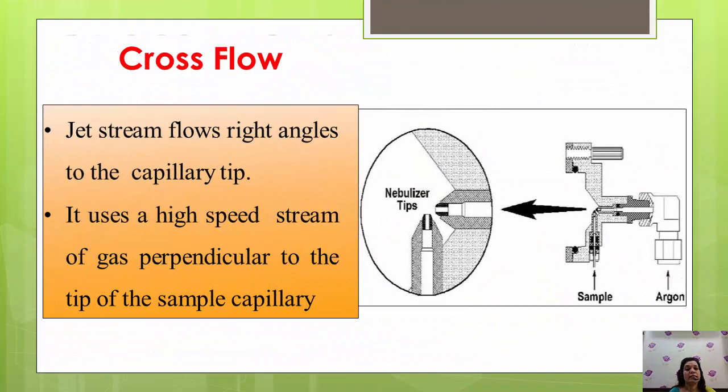This is the cross flow nebulizer. The name itself tells me that the sample and the gas at high pressure are moving in cross direction, perpendicular to each other. The sample is moving from this direction and the argon gas at high pressure is coming from here, converting the sample into fine droplets which come in contact further with the flame.